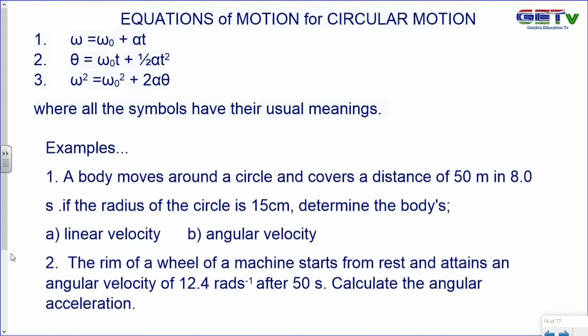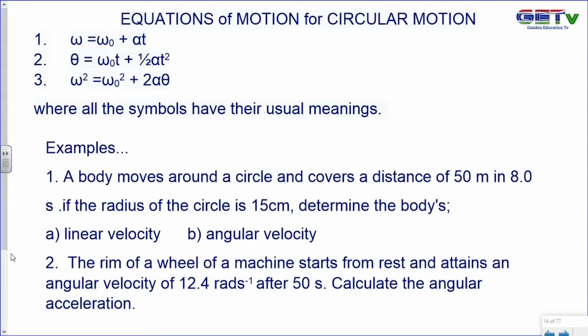And here the problem says we determine, the first part says the linear velocity V, and the second part says the omega, which is angular velocity, if the object covers a distance s of 50 meters in time t equals 8 seconds, and the radius of the circle is given as 15 centimeters, which is 15 times 10 to the power minus 2 meters, which is also 0.15 meters.